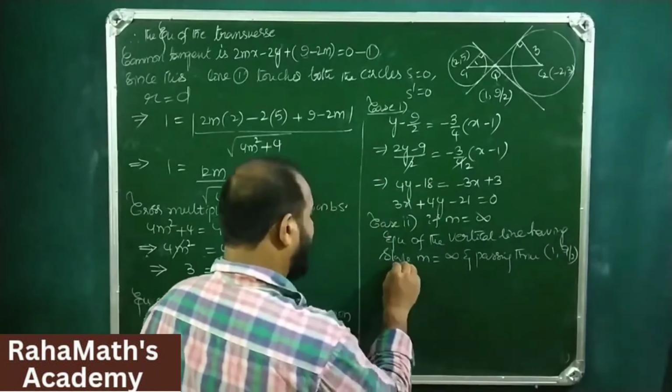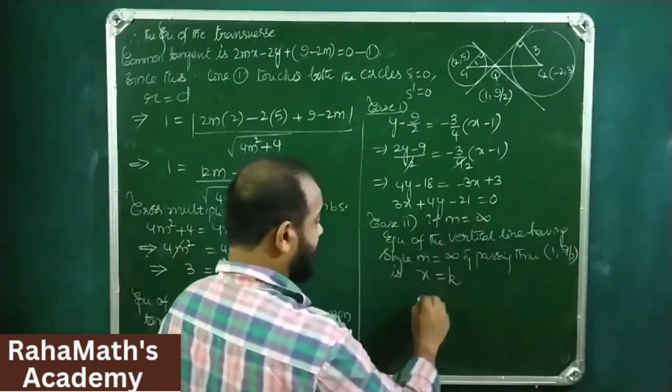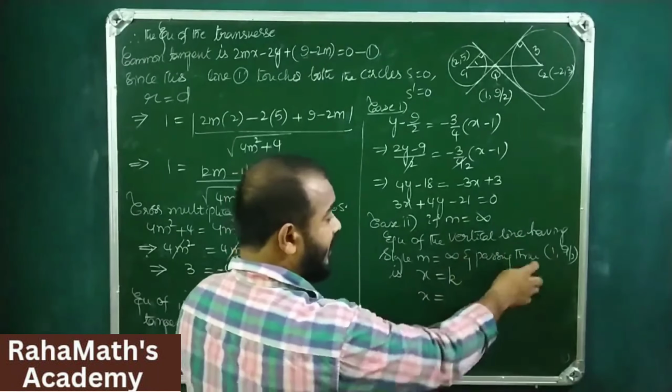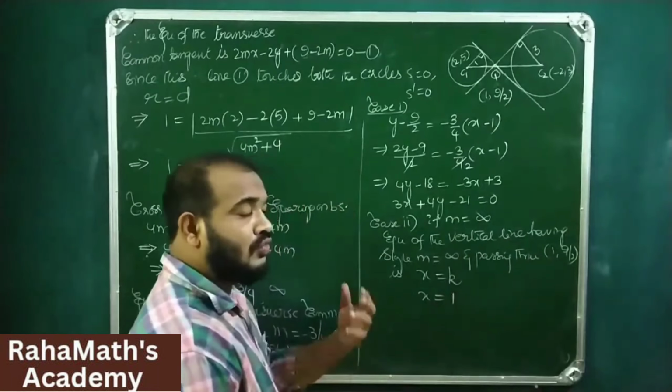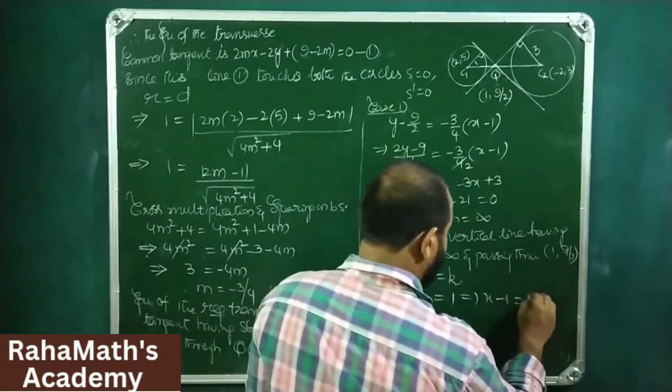The equation of a vertical line is x equals k. So what is k? It is 1. So that is x minus 1 equals 0.